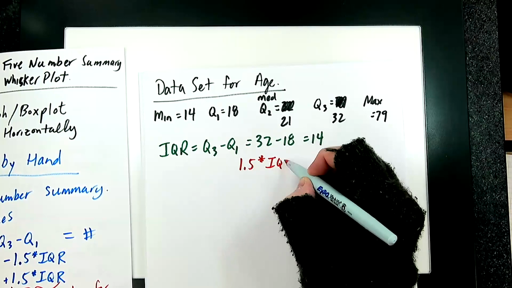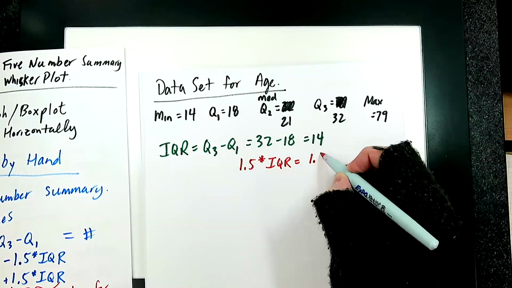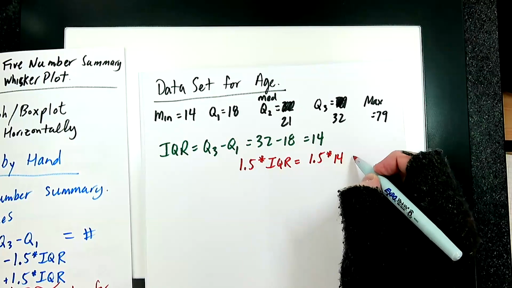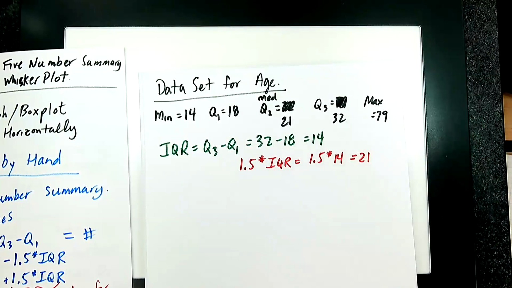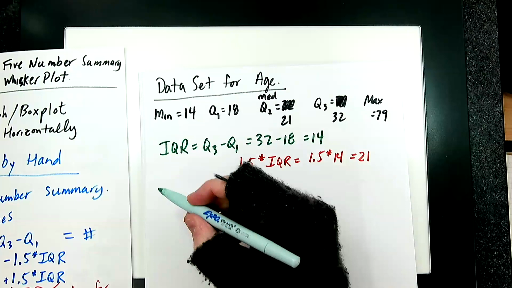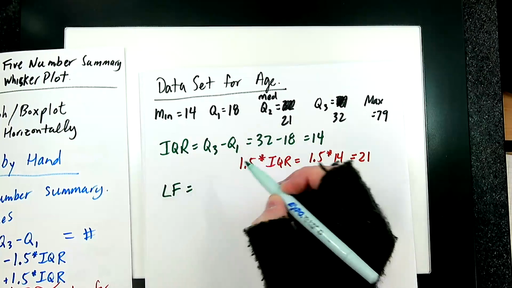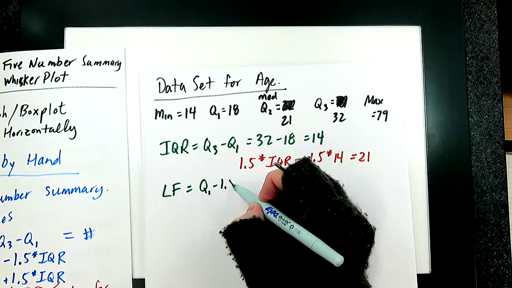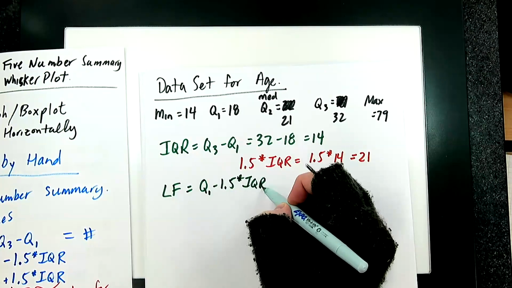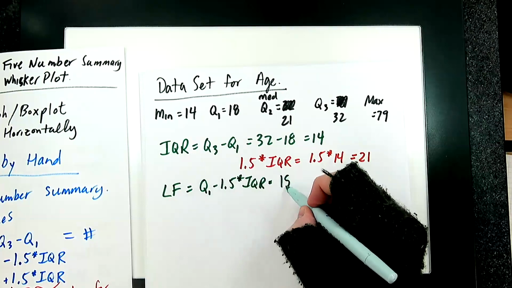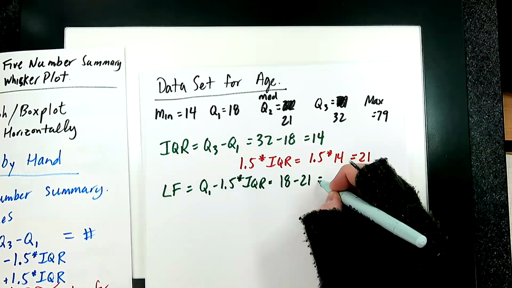So 1.5 times IQR is 1.5 times 14, which is 21. This will put my lower fence value at Q1 minus 1.5 IQR, which is 18 minus 21, which is -3.